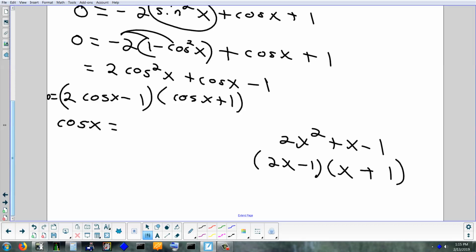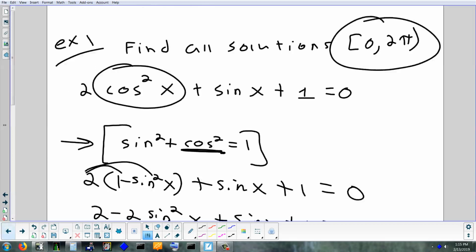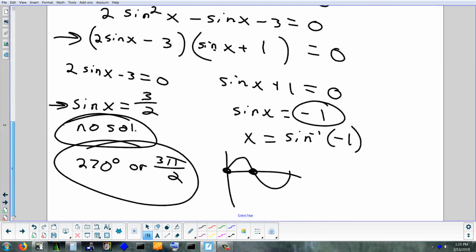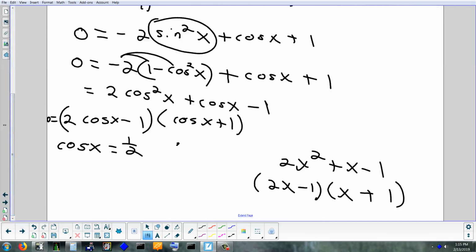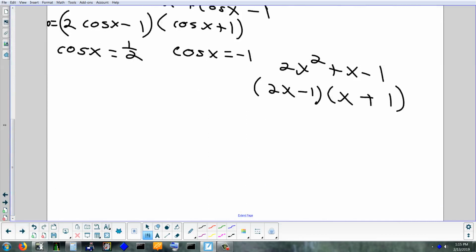In this first factor, Jacob, what would cosine x be when you get it by itself in the first factor? 1/2. Yep. So we'll have to figure that one out. All right, so cosine x equals 1/2. And cosine x equals, what's going to be on the other side? Negative 1. Yep.